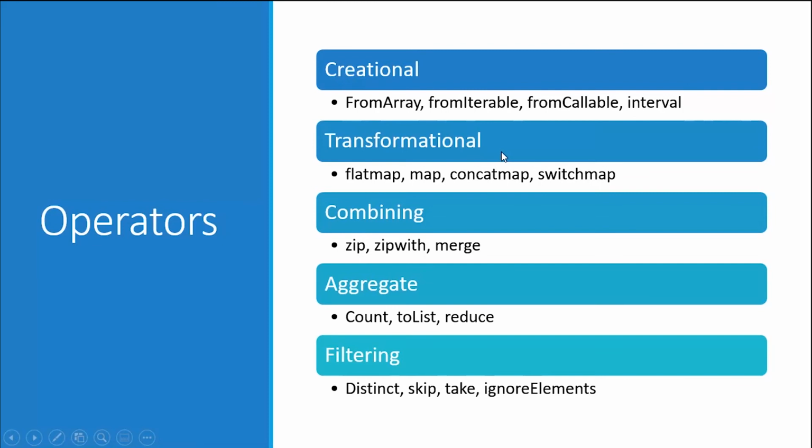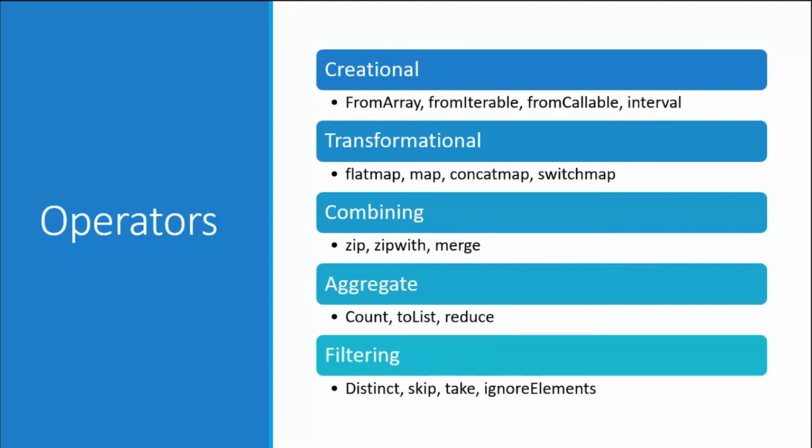After that, if we want to transform our first emitted item to another type, we can use flatMap, concatMap, switchMap, that type of operator. If we have to combine two Fluxes, or a Flux with another Mono, we have combining operators.